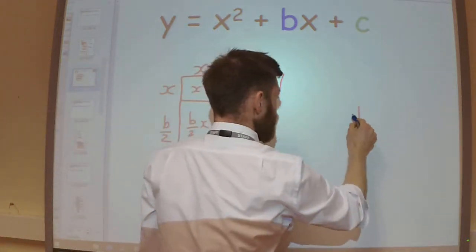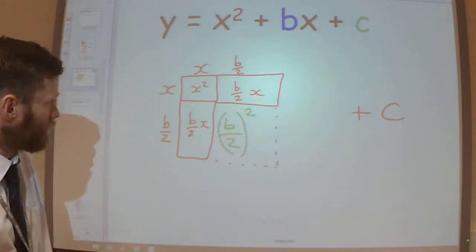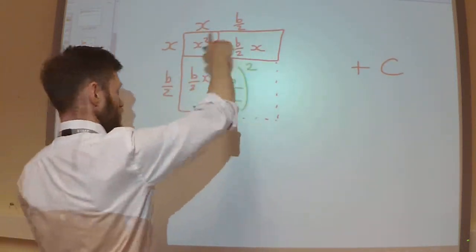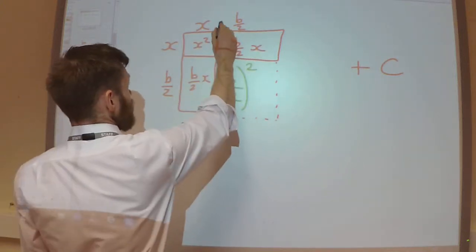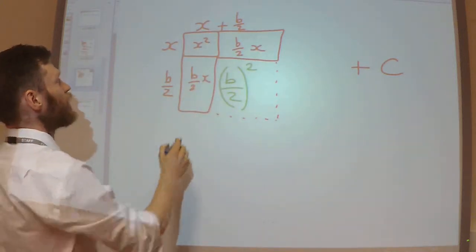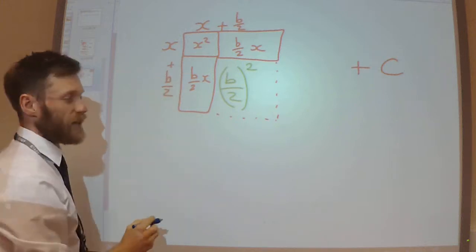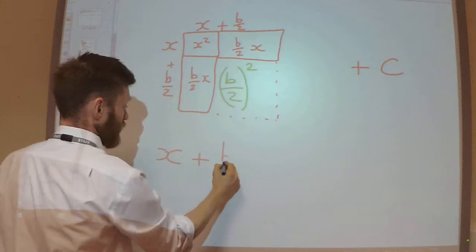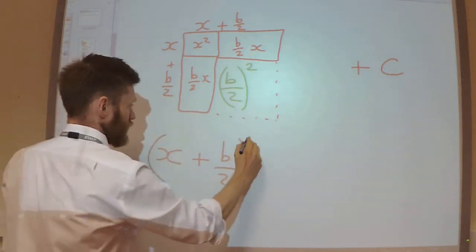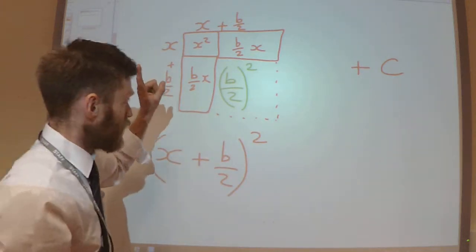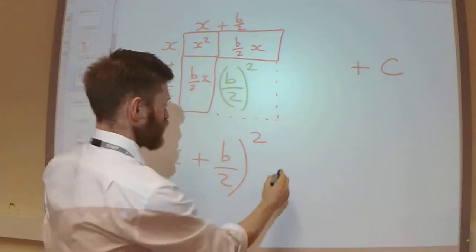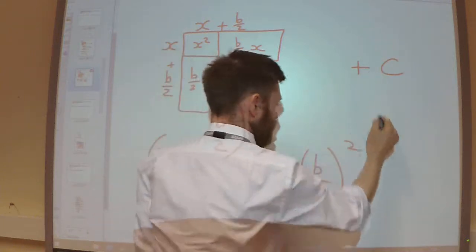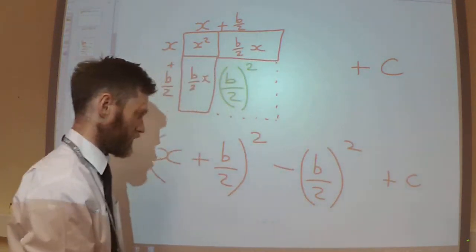We've still got our c over here, and therefore the area of this square, the width is x plus b over 2, the height is x plus b over 2, so the area would be x plus b over 2 squared. We don't have this square here though, so I need to subtract that. And I've still got my c over there.